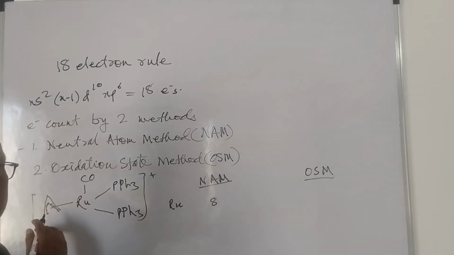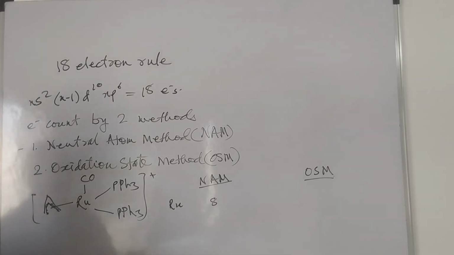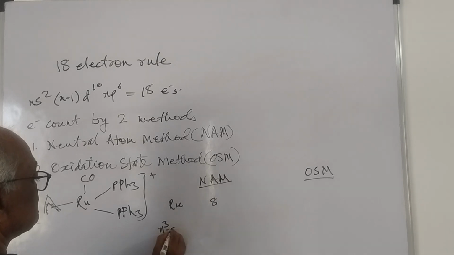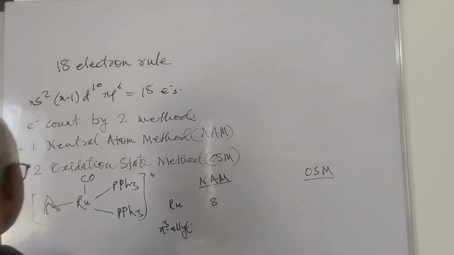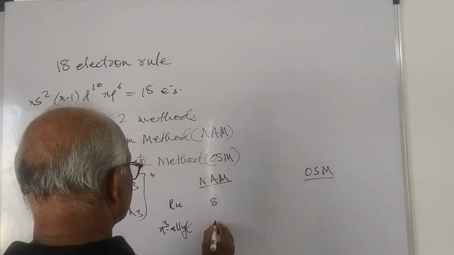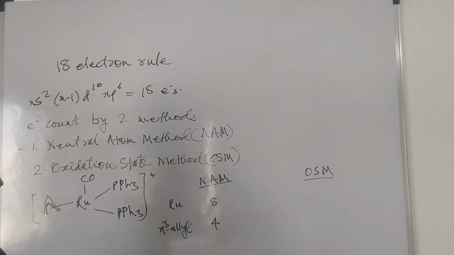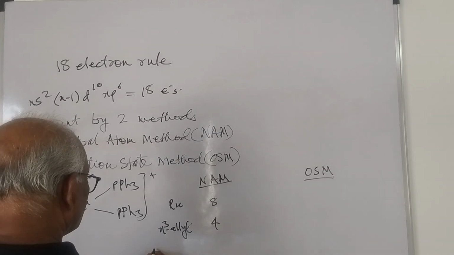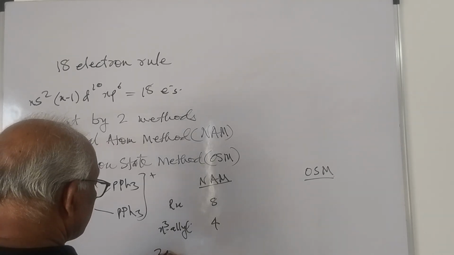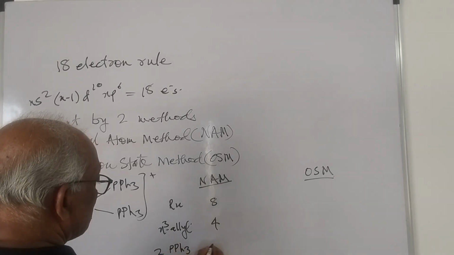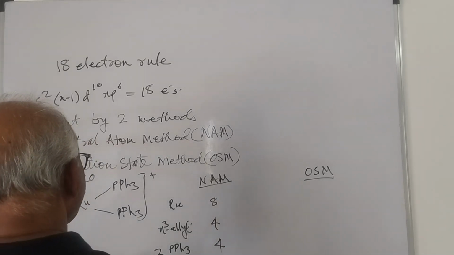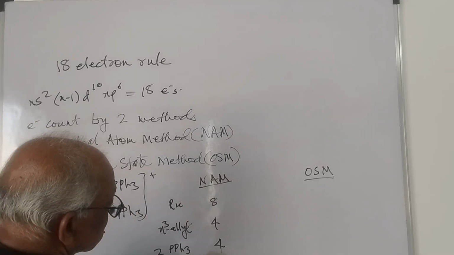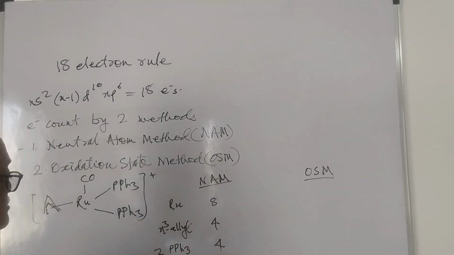Then this eta 3 allyl contributes 3 electrons. Then the 2 triphenylphosphanes, PPh3s, contribute 4 electrons. This carbon monoxide, CO, contributes 2 electrons.